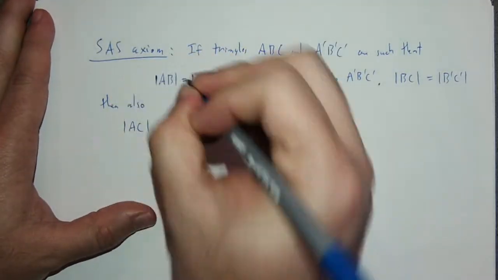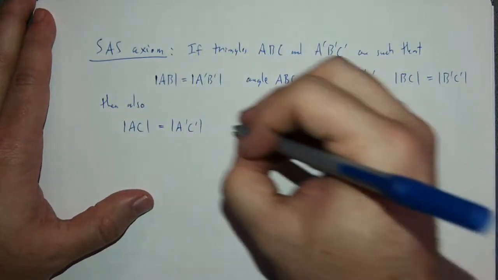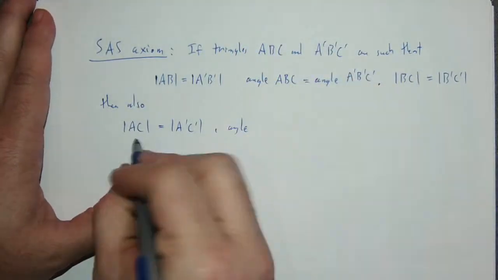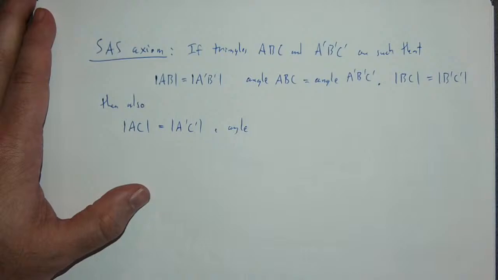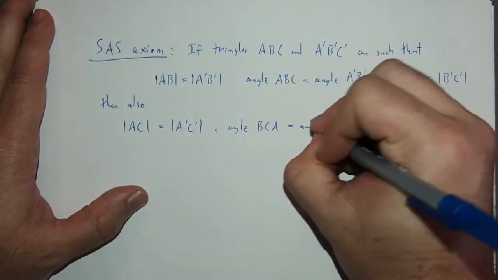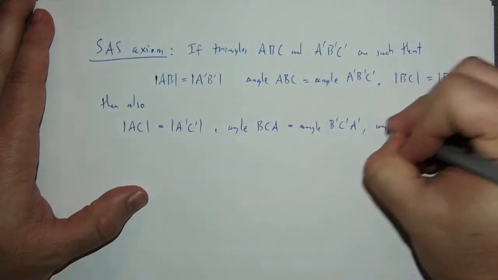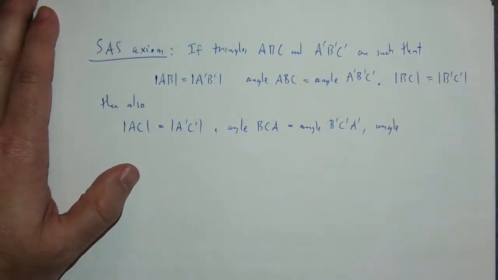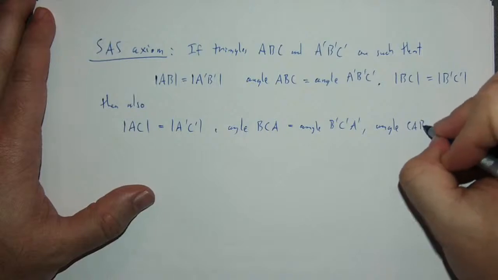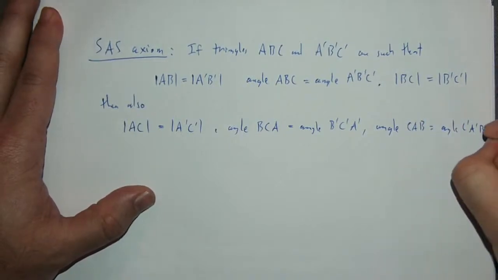the side length AC is equal to the side length A prime, C prime. So the third sides are also equal. Angle BCA is equal to angle B prime, C prime, A prime, and angle CAB is equal to angle C prime, A prime, B prime.